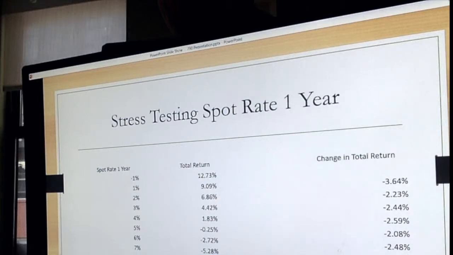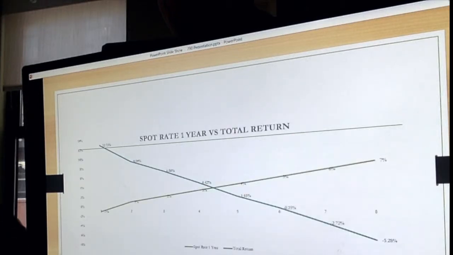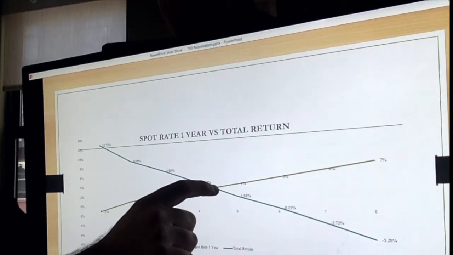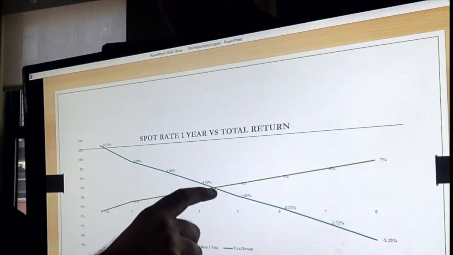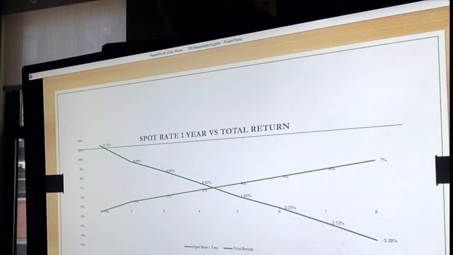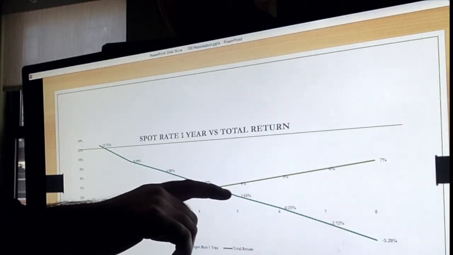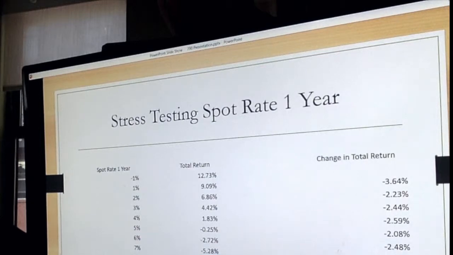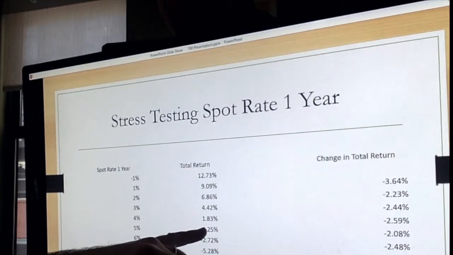And what else can I say? Yes, this is the break-even point here. It occurs around 4.5%. So when the 1-year spot rate hits 4.5%, then the returns of the CNA portfolio turn negative.